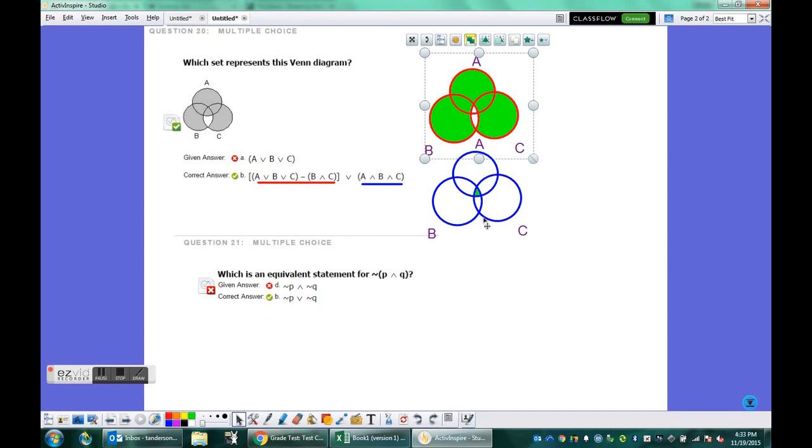Okay. So when I go to overlap these, the only extra piece I'm going to add is going to be the center. Because this center is the A and B and C. Right there at the center.